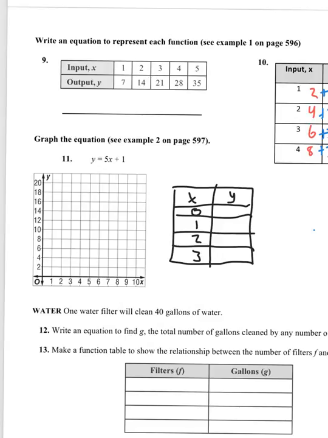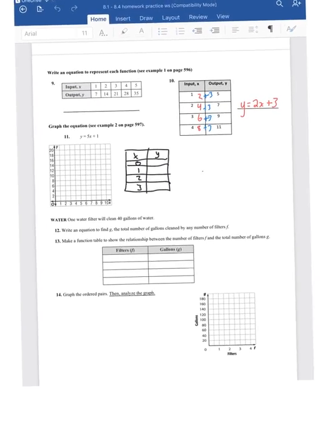And then take these values 0, 1, 2, and 3 and put them in the equation. So do 5 times 0 plus 1 to get your y. 5 times 1 plus 1 to get your y here. Once you get these, they will be ordered pairs that you will graph on your graph over there. So I'm not going to go over that one completely, but that's how you'll do that.